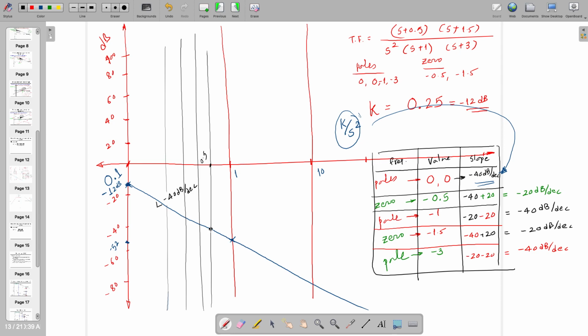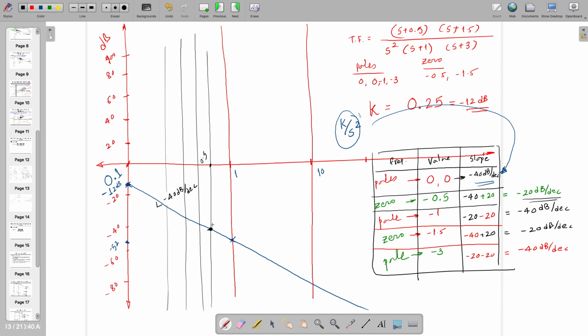From this point, we are going to draw minus 20 dB per decade. Just look at this table where after 0.5, you should draw minus 20 dB per decade, right? So how to draw minus 20 dB per decade? From this point, whichever value is coming, let's say minus 32.